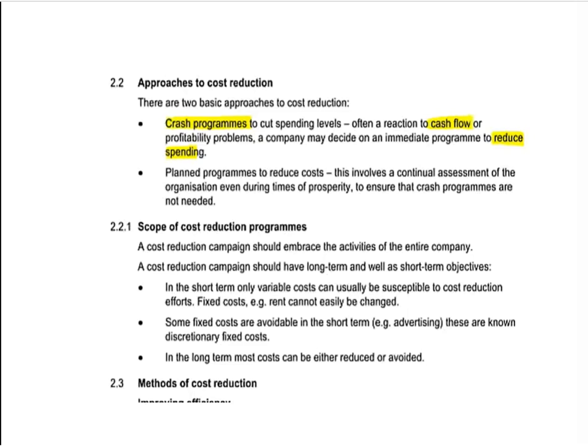So what can we cut back on? What don't we need to spend money on? Compared to a longer term program to reduce costs. So continually evaluating, even if we haven't got a cash flow crisis, and seeing whether or not we can make our business leaner and hopefully avoid the need for crash programs.